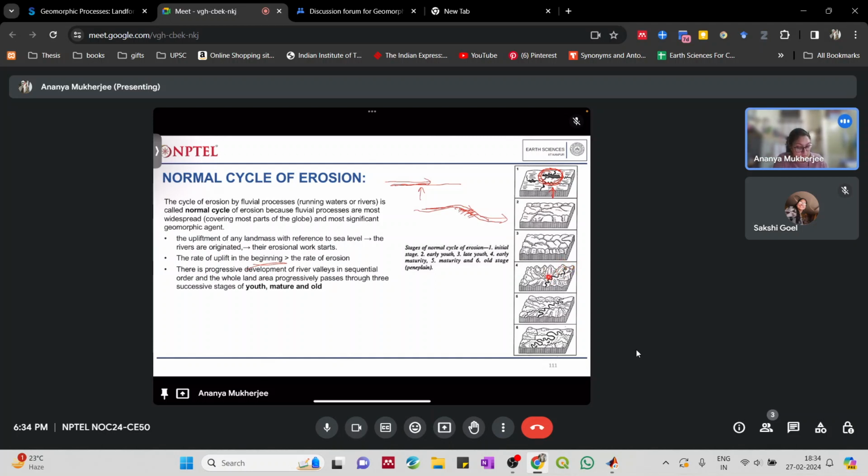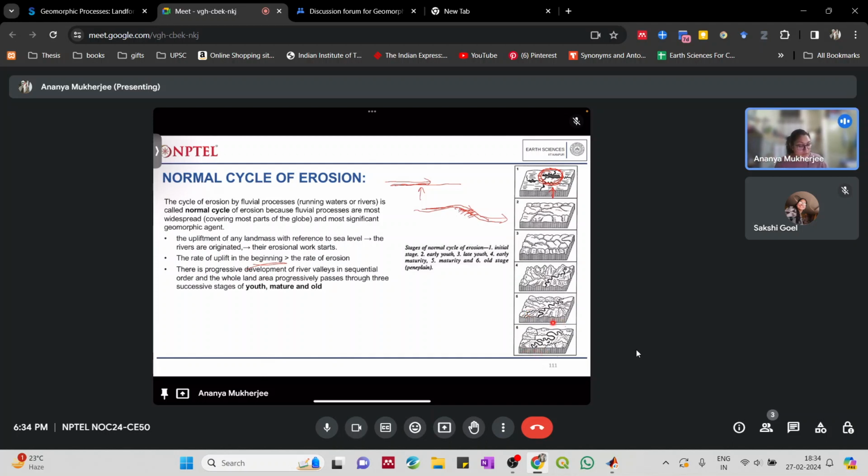This is where you have your valleys forming and the river is starting to turn into the mature stage. Slowly it will reach its mature stage and try to branch out and increase its reach and the drainage basin area.